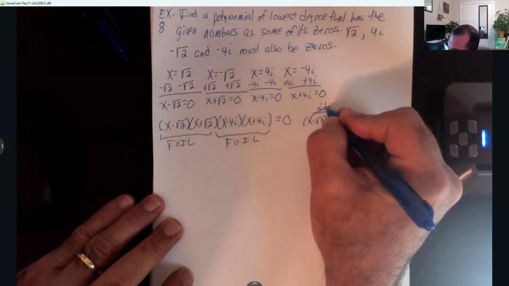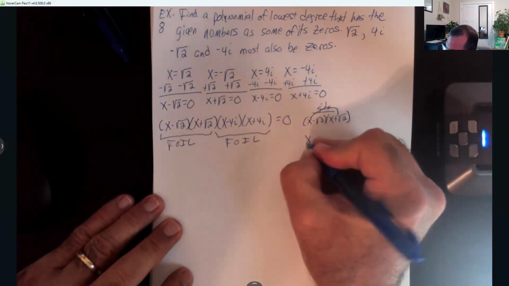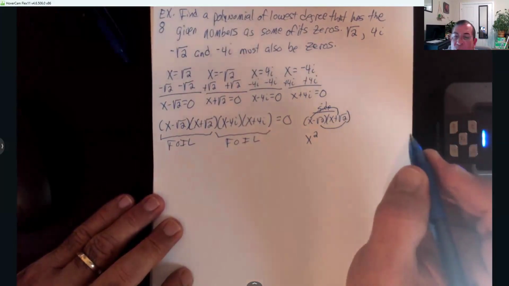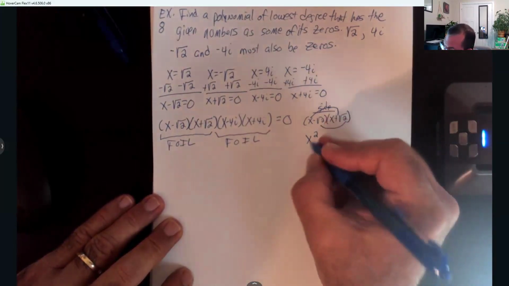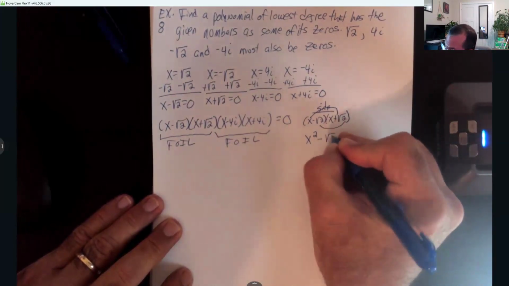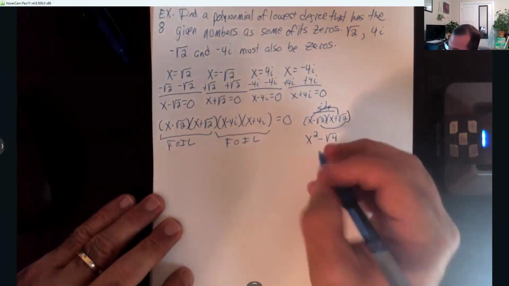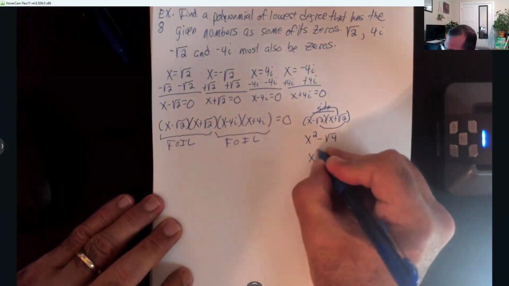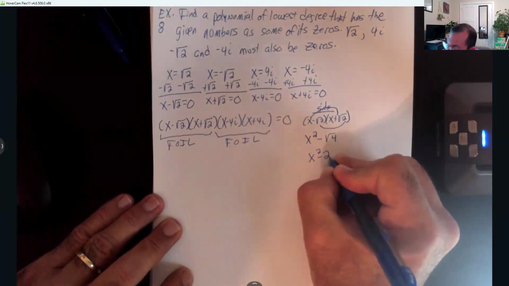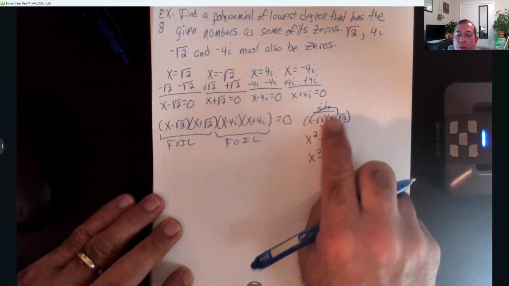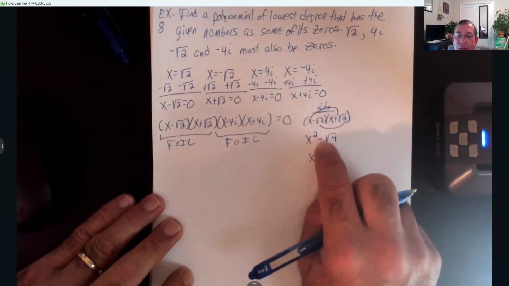We can do x times x, which is x squared. And then we can do the negative square root of 2 times the square root of 2 would give me a negative square root of 4. But y'all, we know the square root of 4 is 2. So that ends up as the x squared minus 2. So you can shortcut the first two times themselves and the last two.